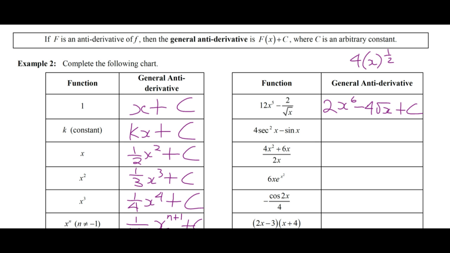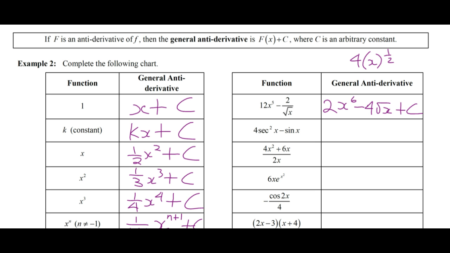I'm going to have a half times 4x to the negative half, but I'll have a positive, so it does have to be negative, right? And then this becomes x to the negative half, so the root x moves to the bottom. But watch the sign, because this was positive, right? So it's a half times 4, which gives you the 2. x to the negative half gives you 2 over root x. Got to be a minus, plus c.